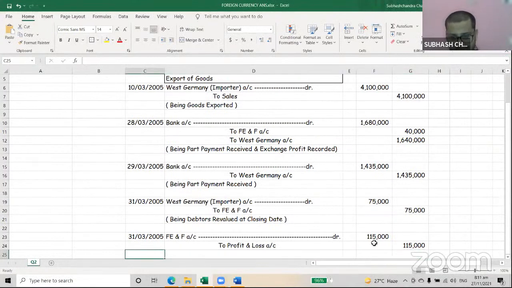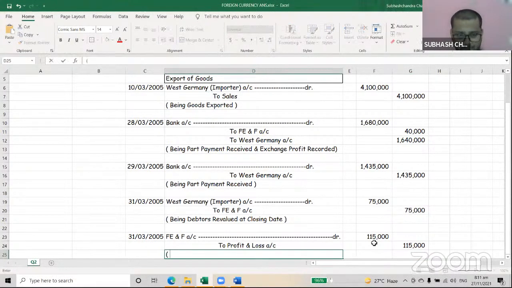Done. Being exchange profit transferred to profit and loss account.